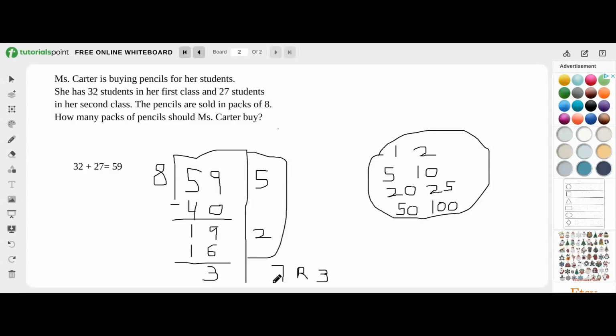The reason why they chose 7 is because they did not know what to do with the remainder here. They need to remember that if they choose only 7 packs, then she's going to have 3 students who don't get pencils. So in this case, the correct answer would have been 8 packs of pencils. I hope that helps.